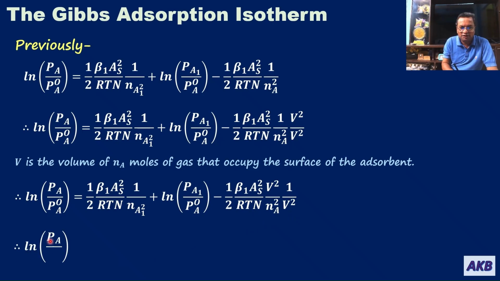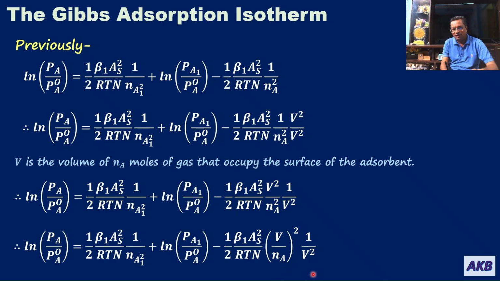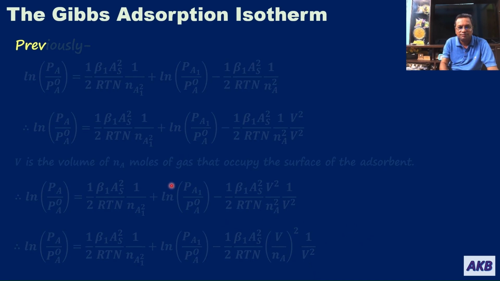So that is ln of PA upon PA naught is equal to 1 by 2 beta 1 A square upon RTN into 1 upon NA1 square plus ln of PA1 upon PA naught minus 1 by 2 beta 1 A square upon RTN, and I wanted this term, V upon NA square, into 1 upon V square. Let us move ahead. Let us continue with this equation.